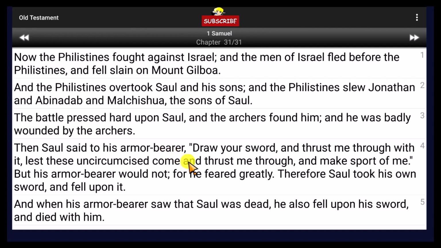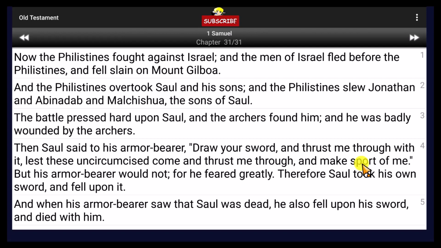Now the reason was that he didn't want the uncircumcised men, meaning the unclean men, the Philistines, because if you were not an Israelite, you were considered unclean, to come and kill him and make sport of him, whereby they would hang the body somewhere and display the body for people to see. So Saul didn't want that to happen.